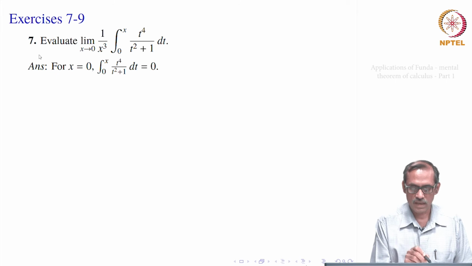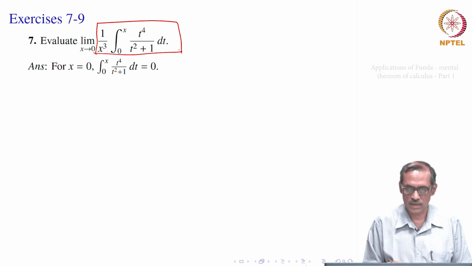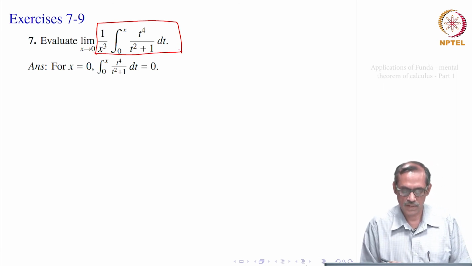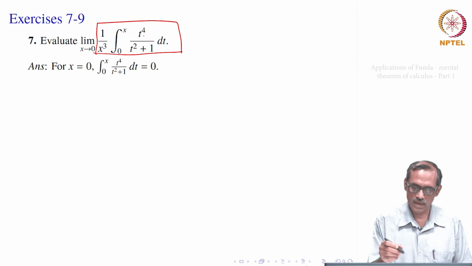So, here we want to evaluate a limit as x goes to 0. What is the function? It is 1 by x cubed times an integral. Of course, you can integrate this, fine. It is t fourth divided by t square plus 1.